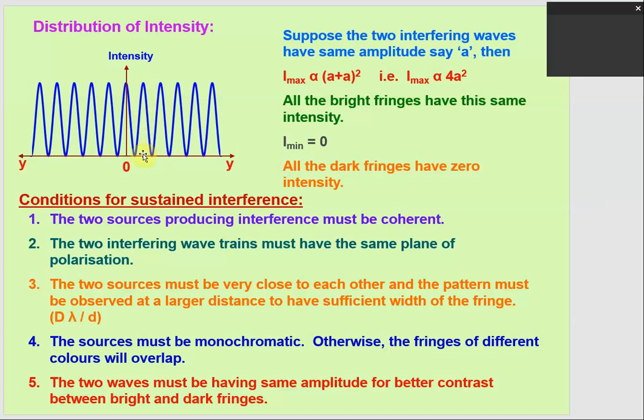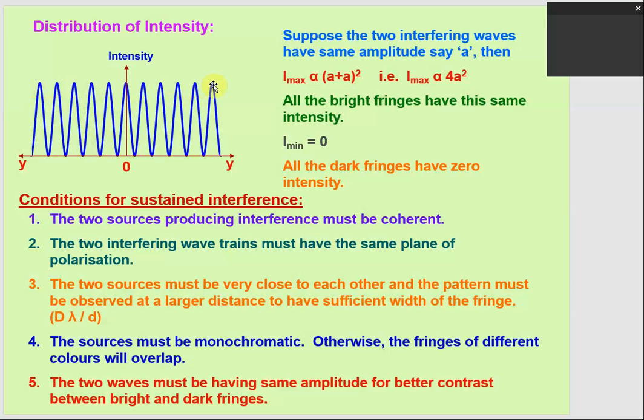Moving even further, we get the second dark fringe. So as we keep moving, we get alternate bright and dark fringes. From this pattern, it must be understood that the intensity of all the bright fringes is equal.